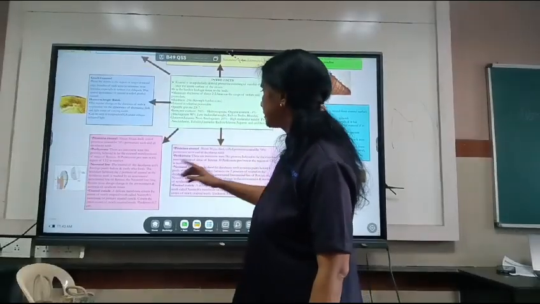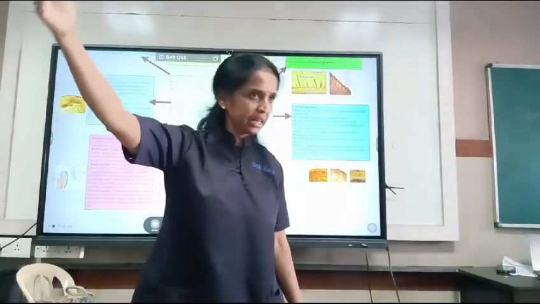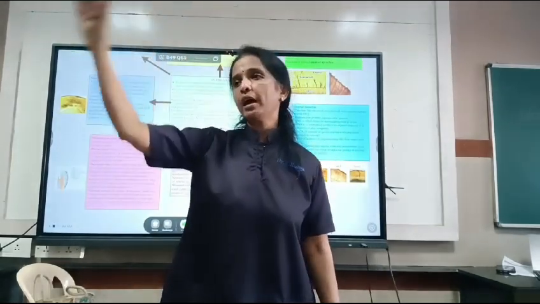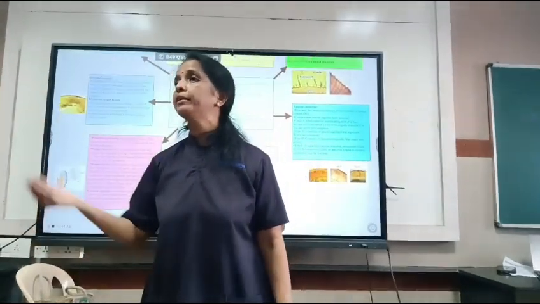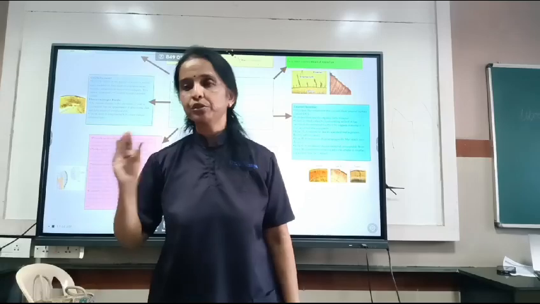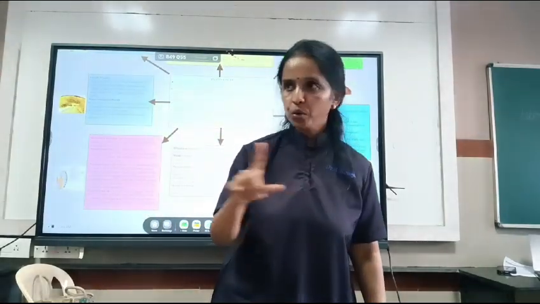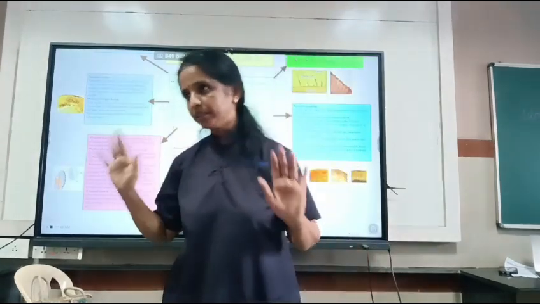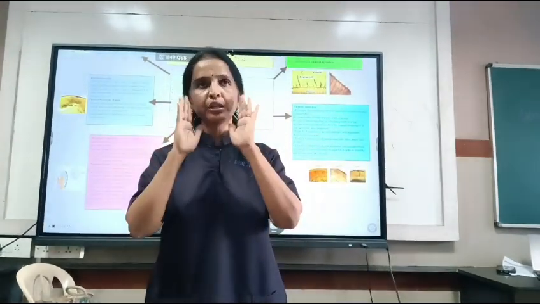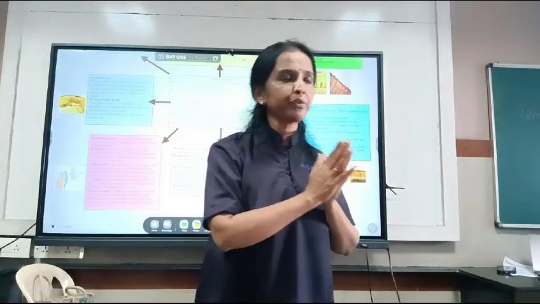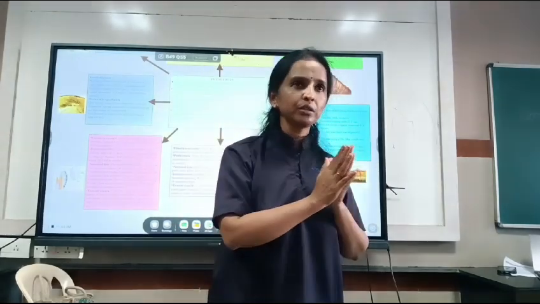And not only that, the outermost layer also has a slightly different structural aspect, which is called prismless enamel. That is totally new to you. Just listen, you don't have to get confused. So what did I tell you about the functional unit of enamel? What is the structure?